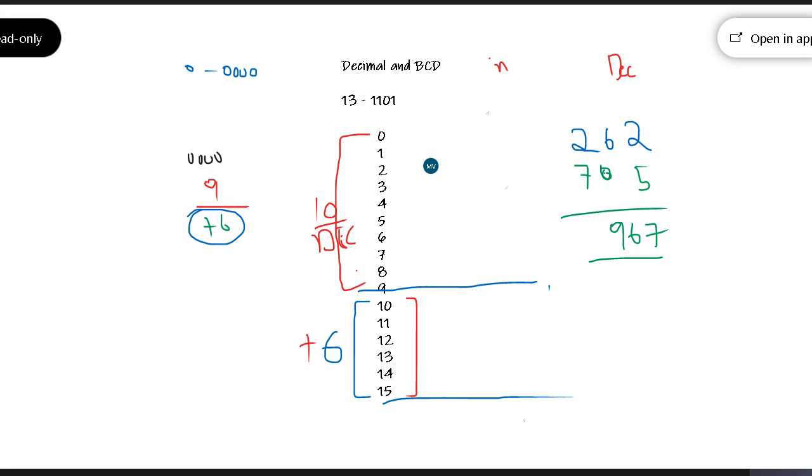Then again 0, 1, 0, 1. Are you guys clear with this? I just wrote it in BCD. Now, how do we do that addition?